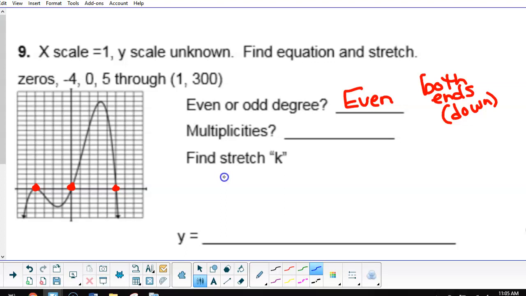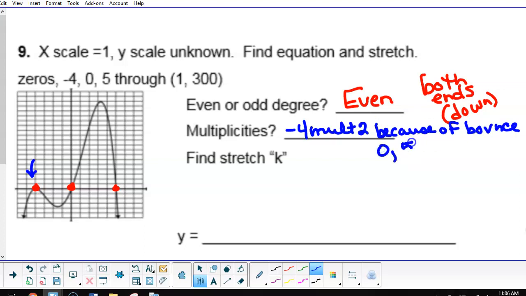Martin got this? There is a multiplicity because of the bounce at -4. -4 is multiplicity 2 because of the bounce. Okay, and 0 and 5 are just multiplicity 1.